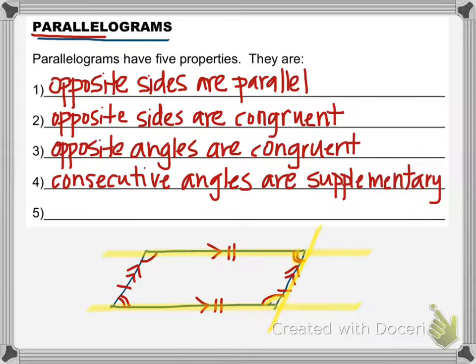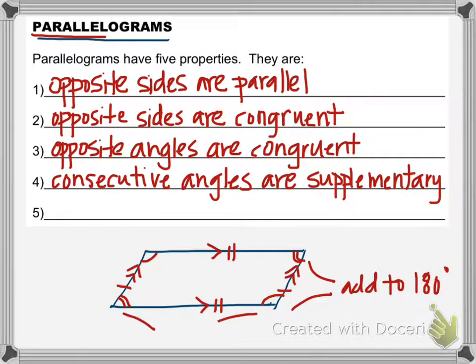Okay, so that is going to hold true all around the parallelogram. So these two angles add up to 180. And then the next two pairs of angles add up to 180 and so forth around. Remember, consecutive means next to, whereas opposite means across from. So these two also add to 180.